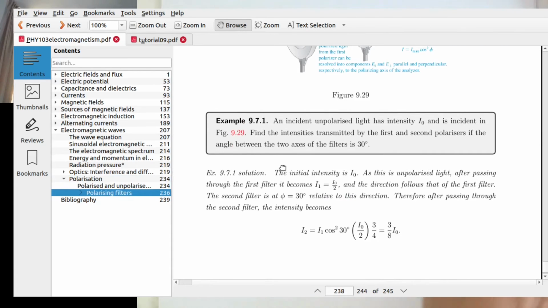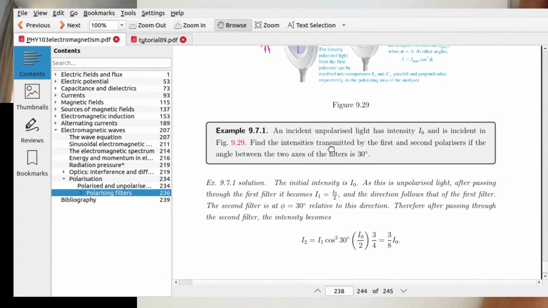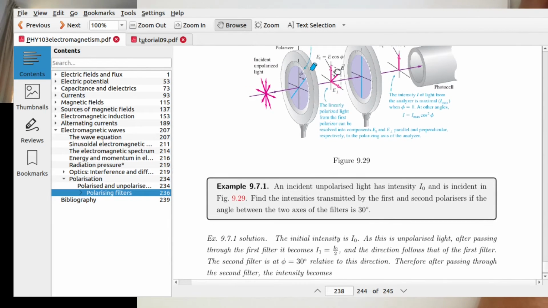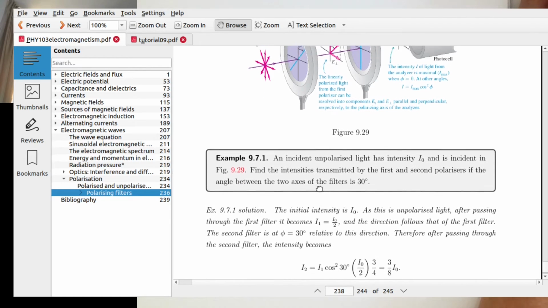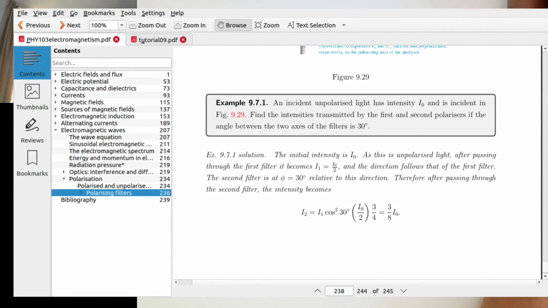Questions related to polarizers are usually very simple because the equation and the concept are very simple after we understand it. If we have an incident unpolarized light of intensity I0, as shown in this figure, find the intensity transmitted through the first and second polarizer if the angle between the two axes is 30 degrees. That should be pretty straightforward.